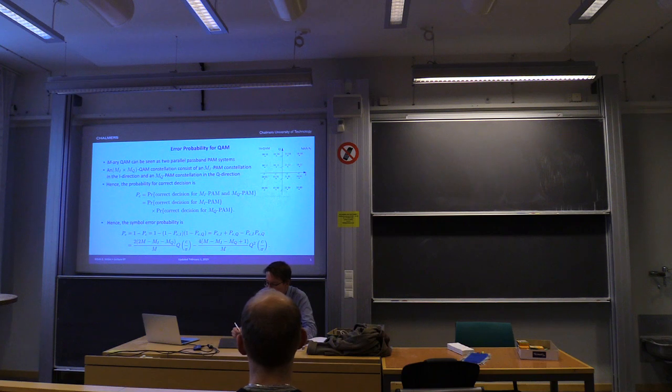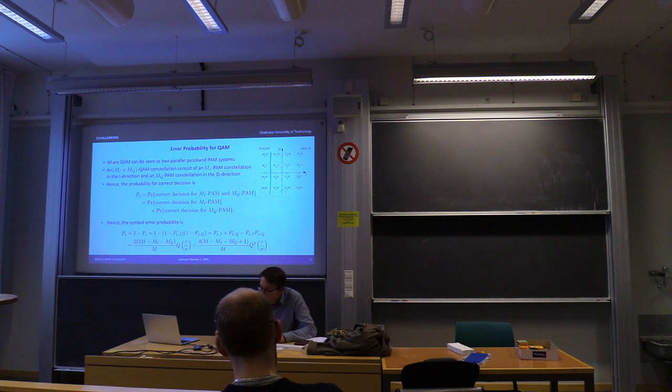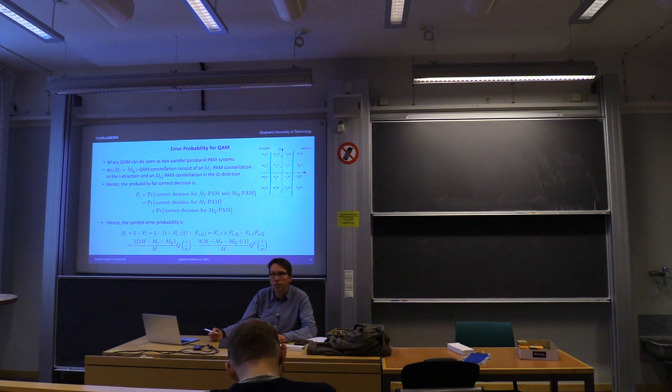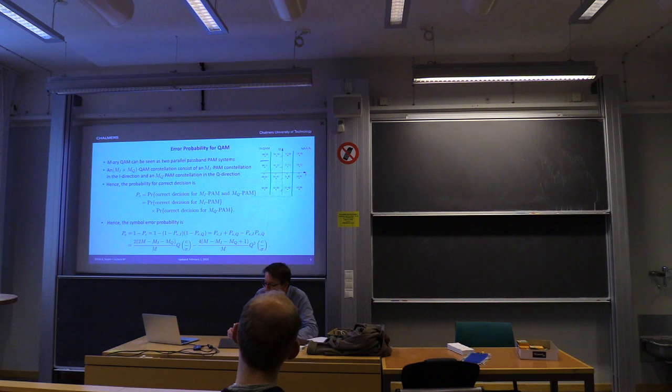But the important thing here is that if we look at the decision boundaries, we have decision boundaries that are parallel with the vertical axis. And then we have decision regions that go along the horizontal axis, like this.